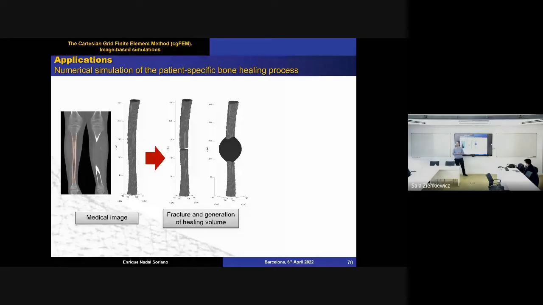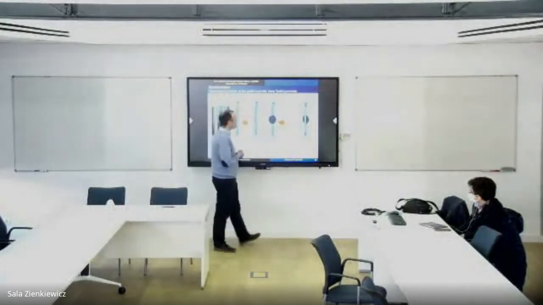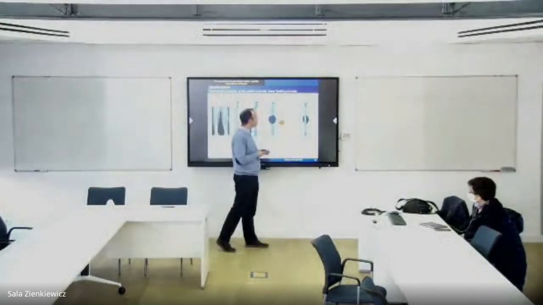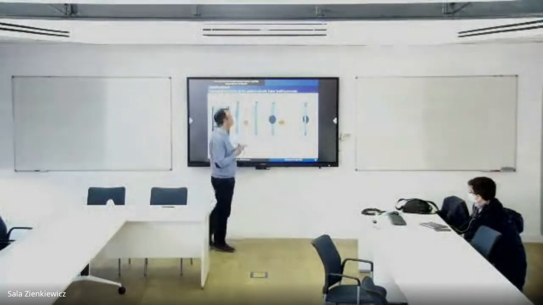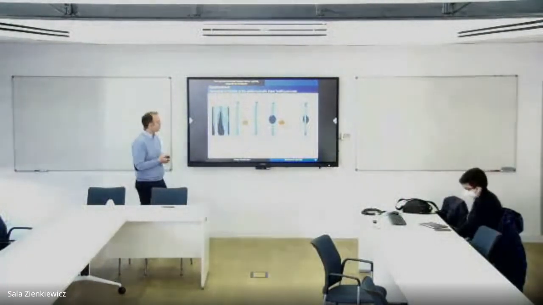This is the region where the callus can grow. We invent an implant, and we attach the implant to the bone, in this case through adhesion at the 2 screws on the top and on the bottom. There is no contact in this case between the implant and the bone.